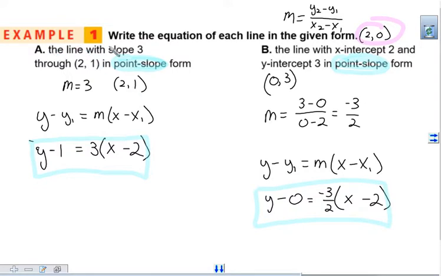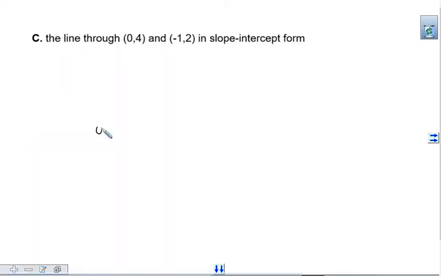Next up, the line through 0, 4 and negative 1, 2 in slope-intercept form. So slope-intercept form is y equals mx plus b. And we don't have our slope, so we do need to calculate our slope.